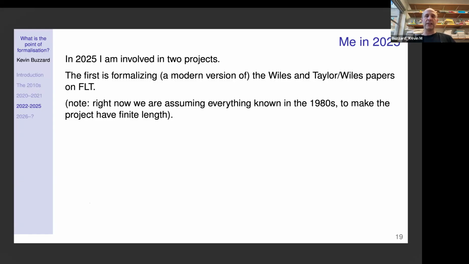And I said I'd have it done in 5 years. So if I assume everything done in the 1980s, that's basically formalizing a 100-page paper. That's a slightly vague way of summarizing what the job is: summarize a 100-page paper, but assume all the references.